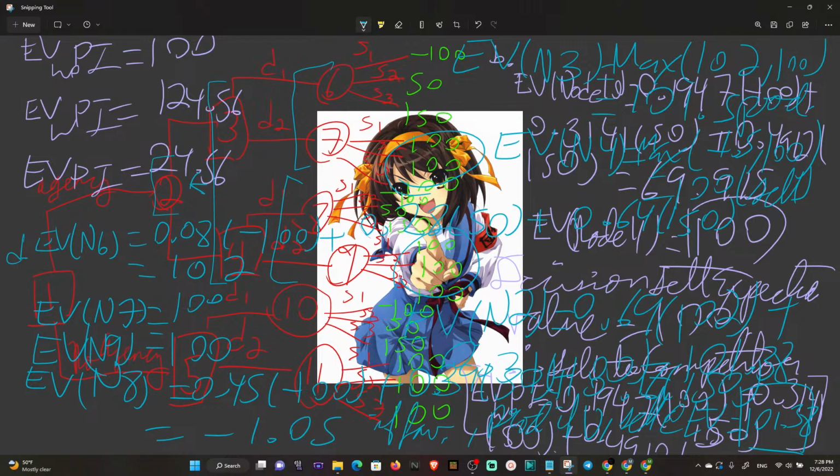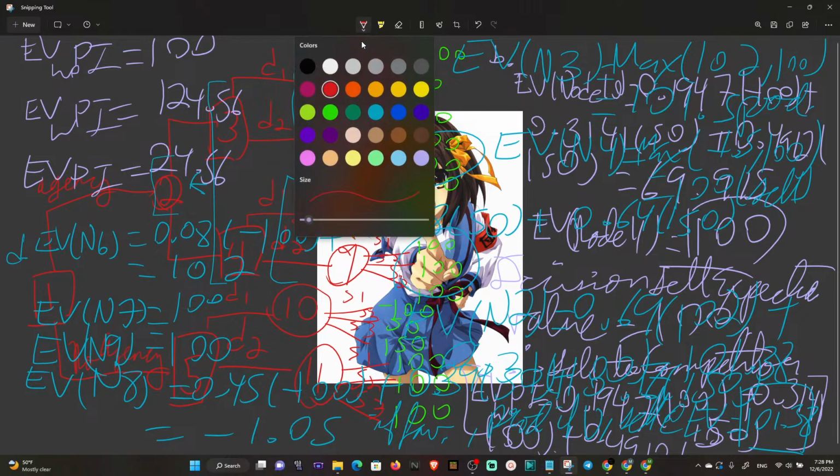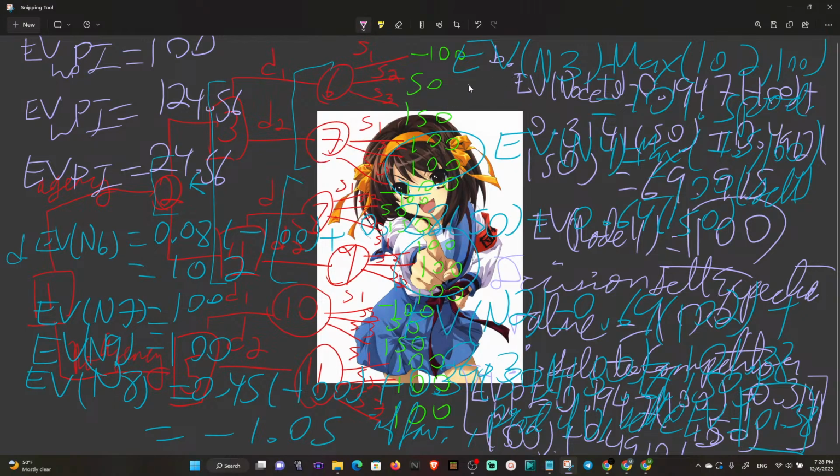It's pretty much this number, 101.38 minus 100, because 100 is the base, which is without the information. So for E, which I'm going to mark with pink, E will be 101.38 minus 100, which is equal to 1.38. And this is in thousands. EVSI.